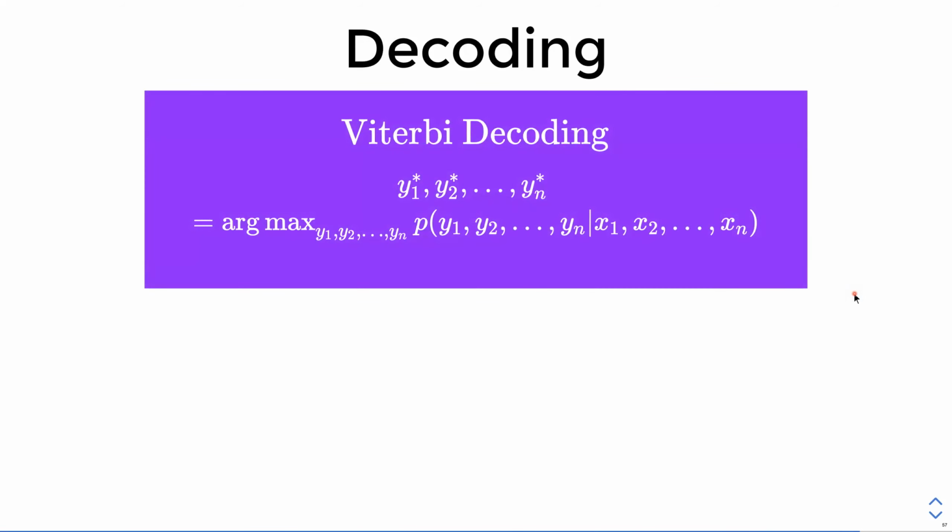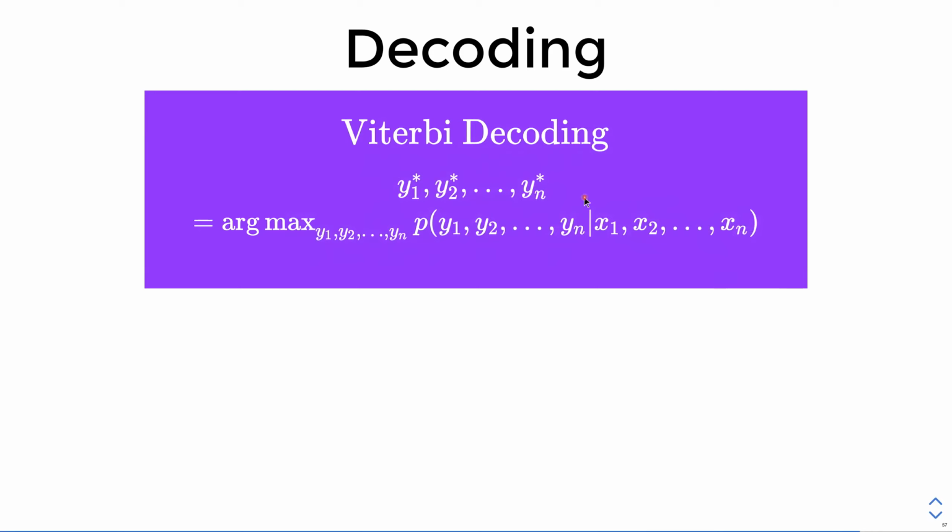Recall, what's the setup in decoding? In decoding, you are given the X input sequence, and your job is to figure out the Y sequence. We are familiar with this setup. This is what we did in the Viterbi decoding procedure. We want to figure out the optimal Y sequence for a given input X sequence.